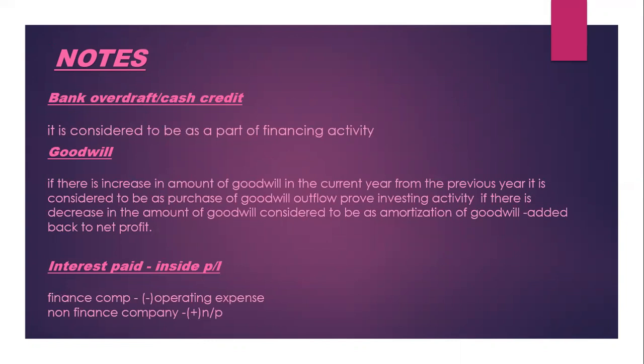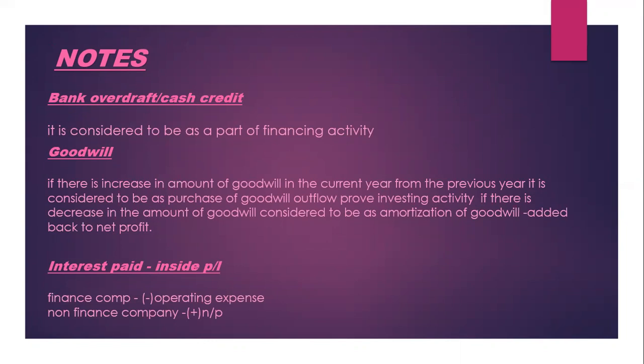Bank overdraft or cash credit will be considered in financing activity, whether it is an increase or decrease, since that gives the increase or decrease of capital. So it is considered under financing activity.